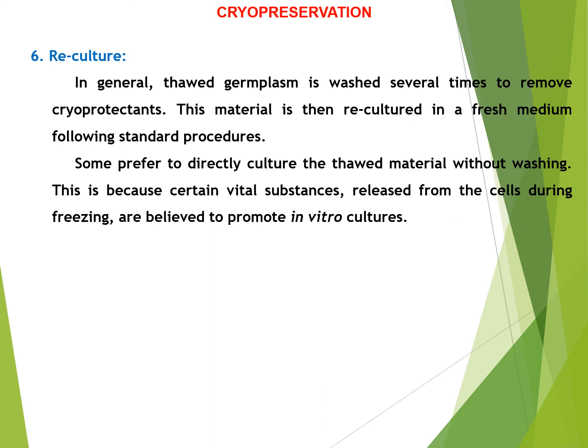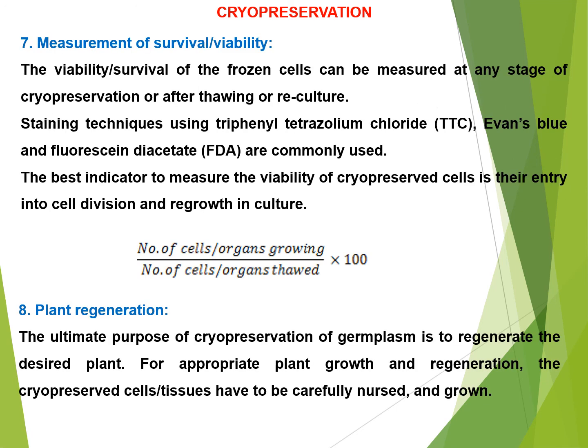After thawing, the germplasm samples are washed several times to remove the cryoprotectants and recultured in fresh nutrient media following standard protocols. The cells, when stored at extremely low temperatures, lose their viability.